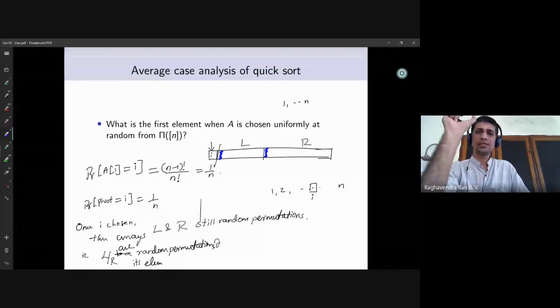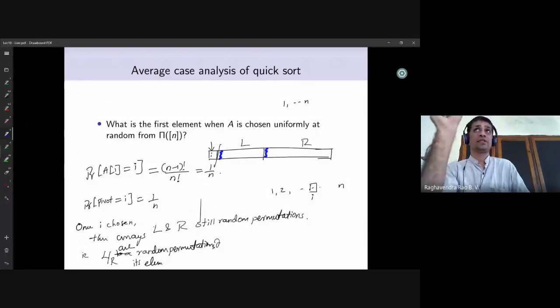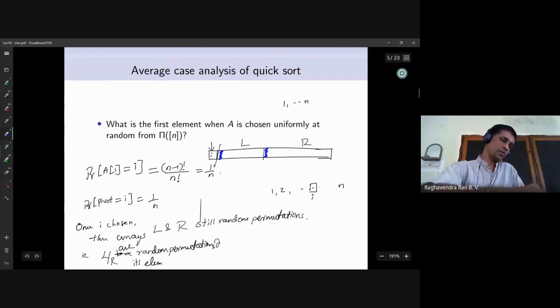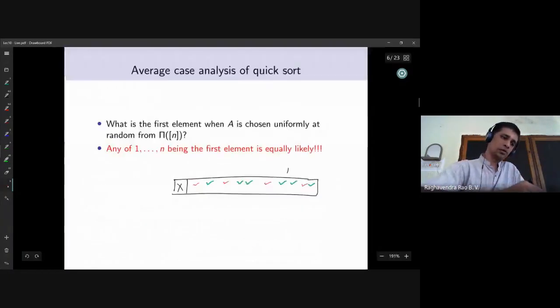See, the point is, one thing that we need to note is that elements of L are fixed for us now. Once I fix the first pivot, elements of L are fixed. It's only about, when I say random, it's their relative position. That is their ordering. This is the first element, this is the second element, this is the third, this is the fourth element, right? If I is 10, then this should be elements from 1 to 9, right?